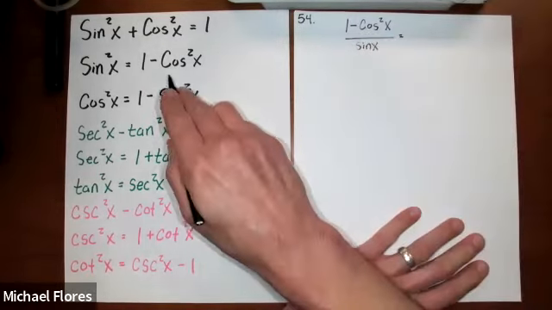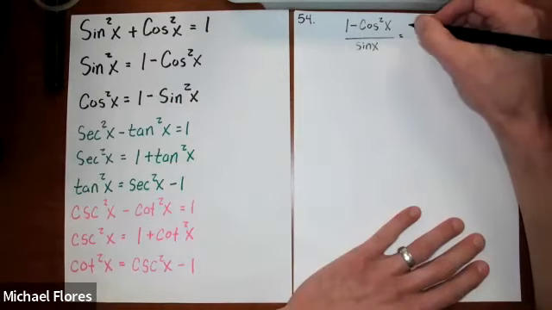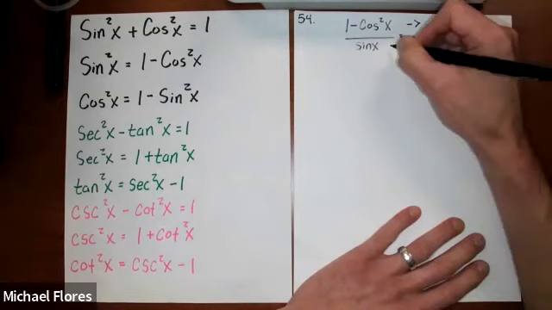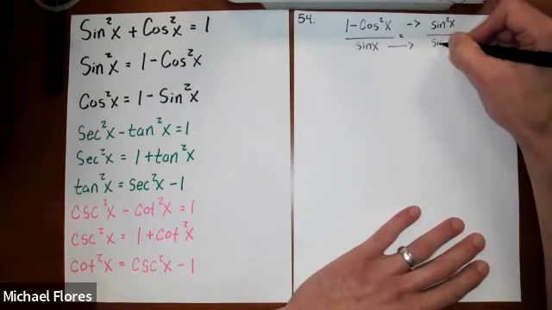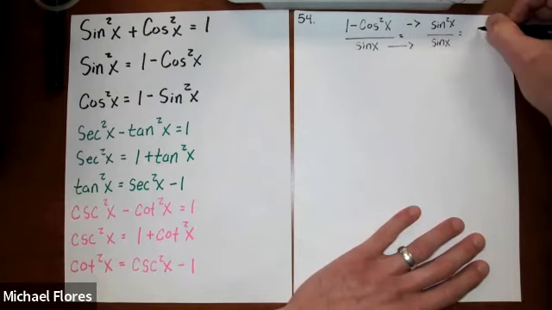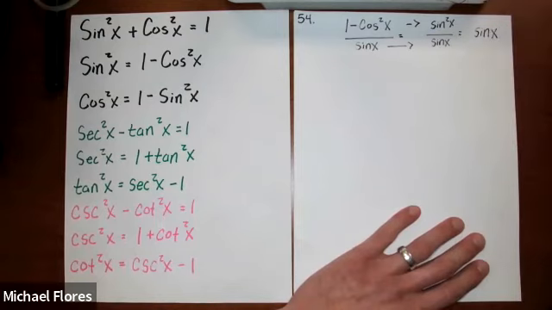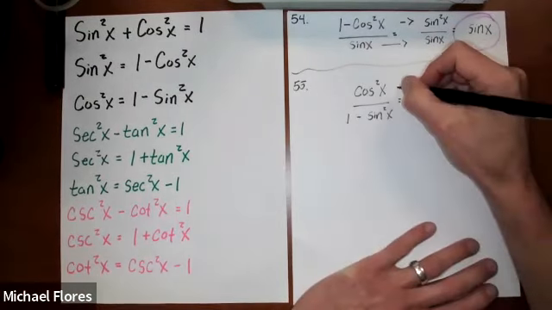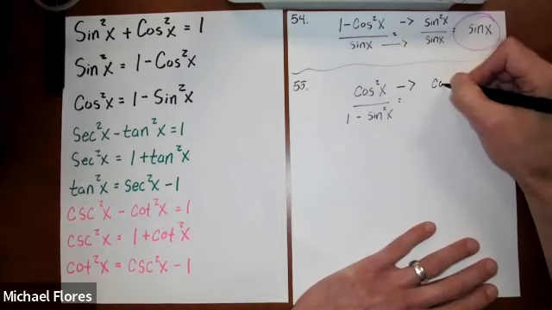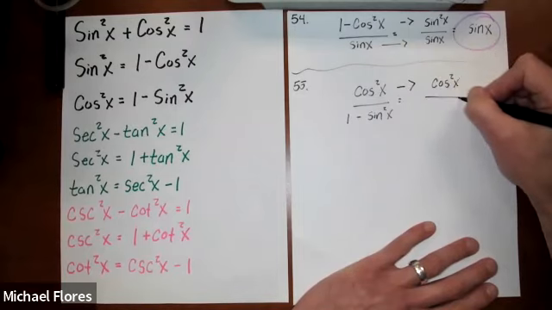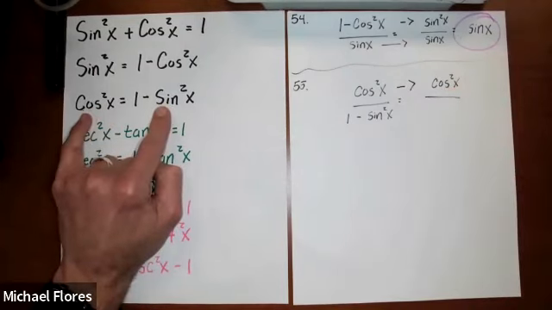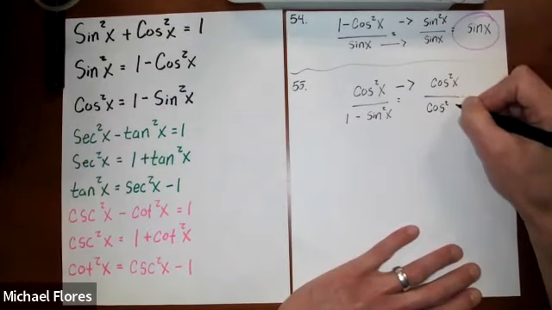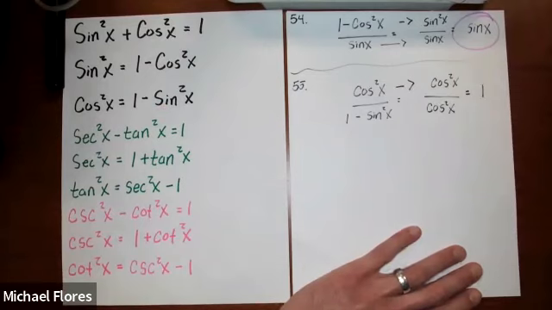One minus cosine squared of x. Same as that. Right here, that's what 1 minus sine squared of x is equal to. Anything divided by itself is 1.